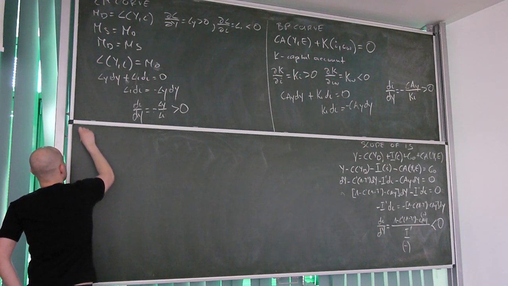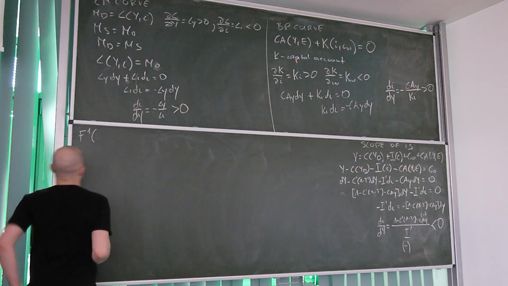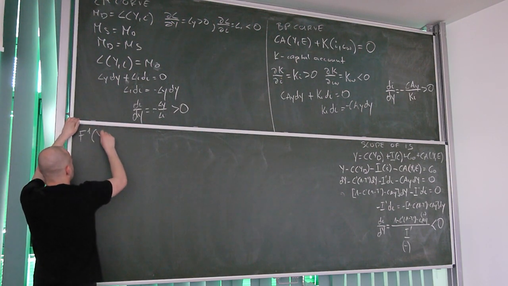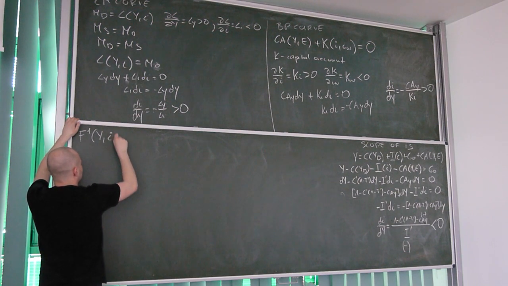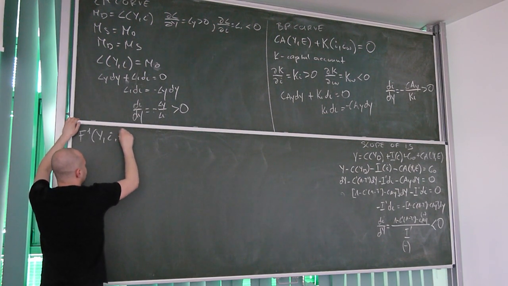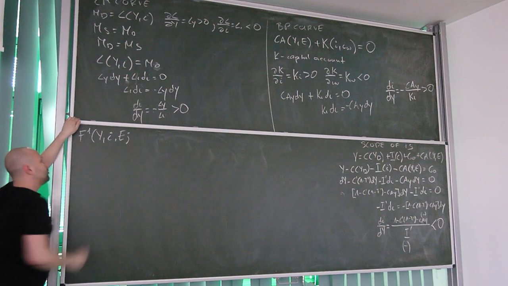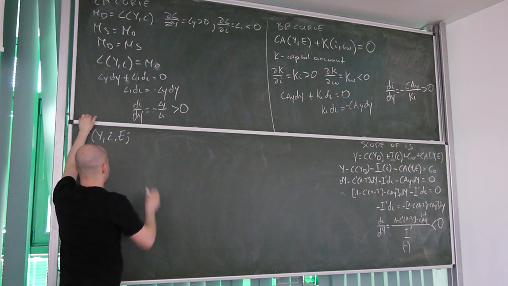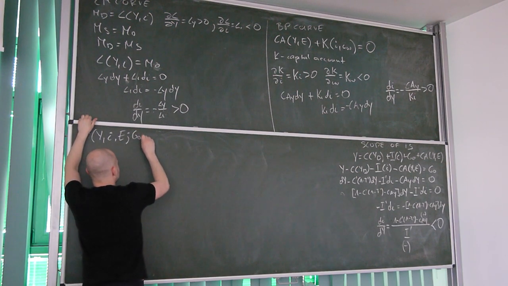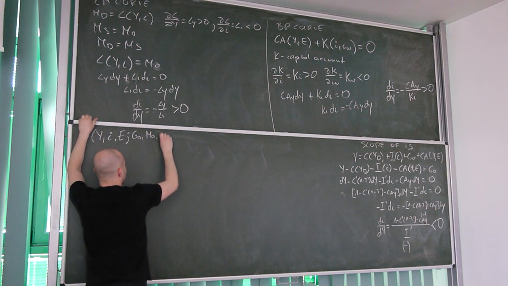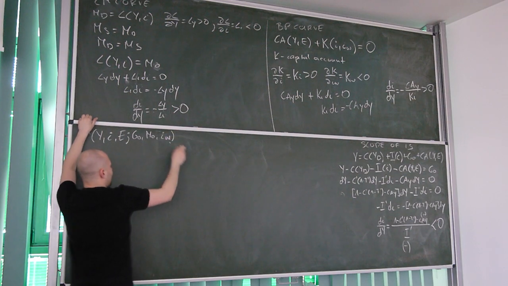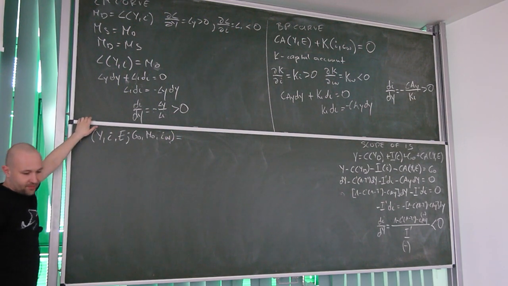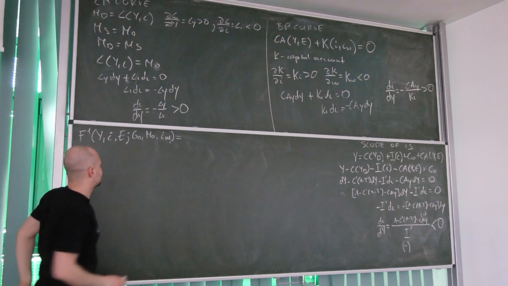We have three endogenous variables: income y, interest rate i, and exchange rate e. And then we will have three exogenous variables: government spending, money supply, and world interest rate.